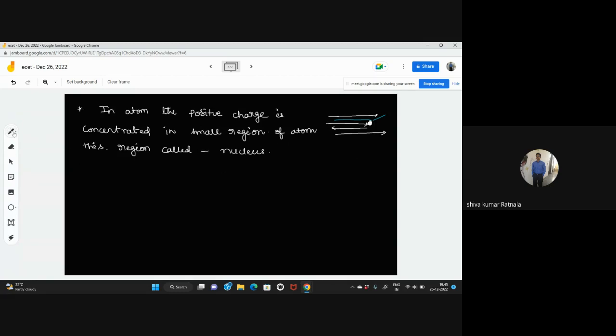Generally, this is the add-on point. At the time of Rutherford's theory, neutrons were not discovered, but now we have neutrons also. In the nucleus, protons and neutrons are present.